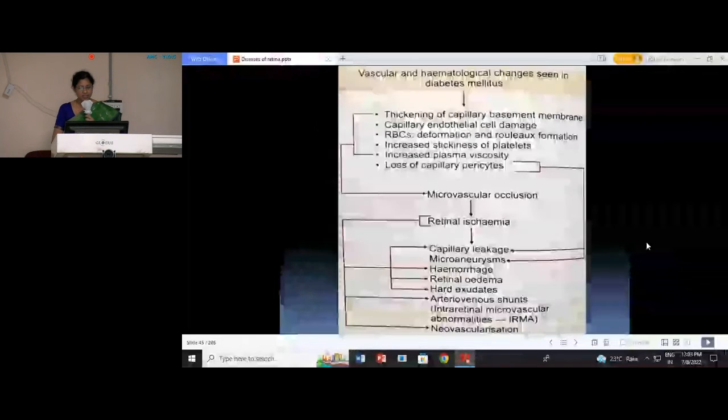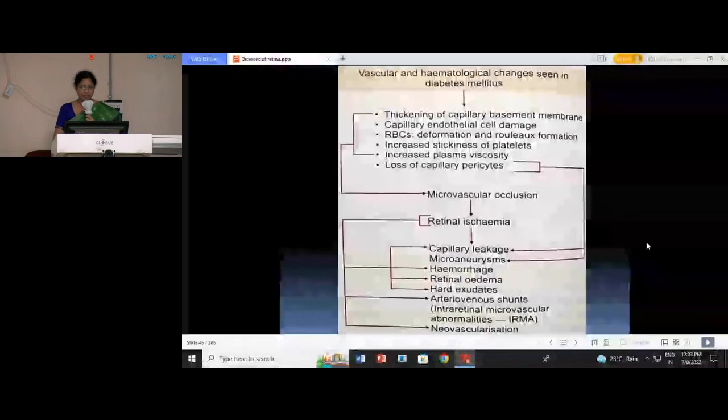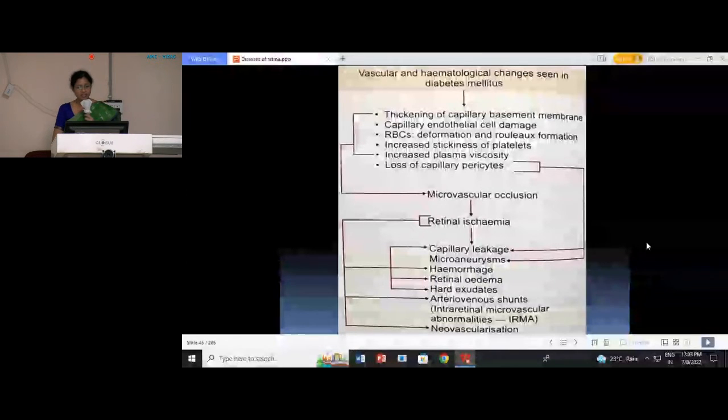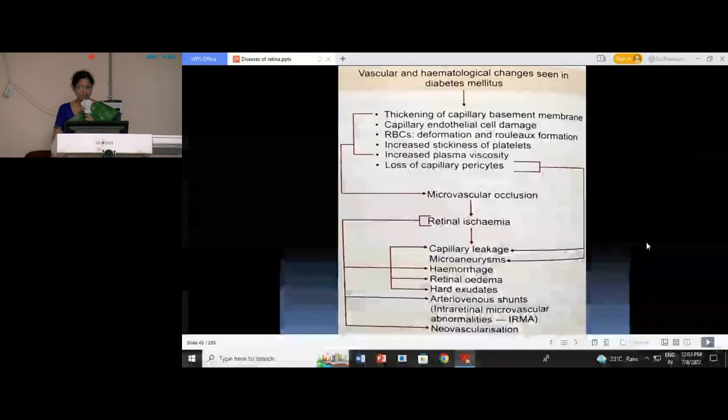This is the flow chart showing the pathological changes that occur in the microvasculature of the retina. Basically, there is thickening of the capillary basement membrane, capillary endothelial cell damage, RBC deformation and rouleaux formation, increased stickiness of platelets, and increased plasma viscosity.